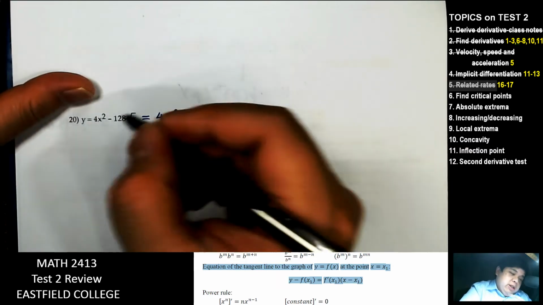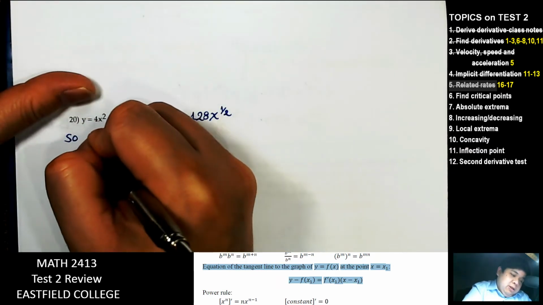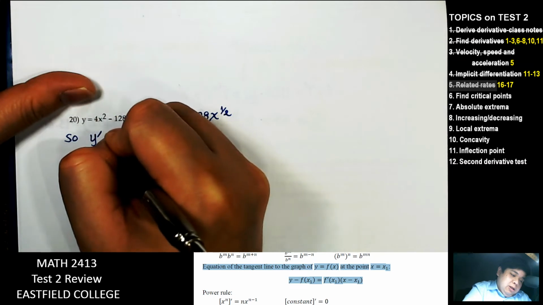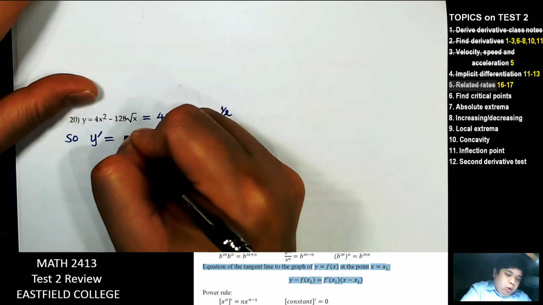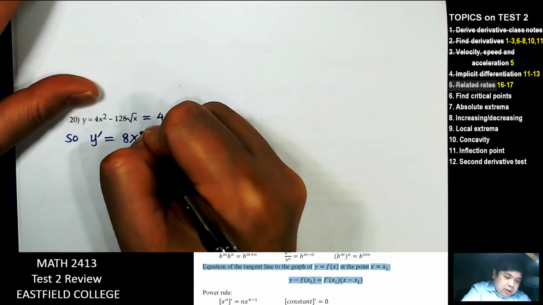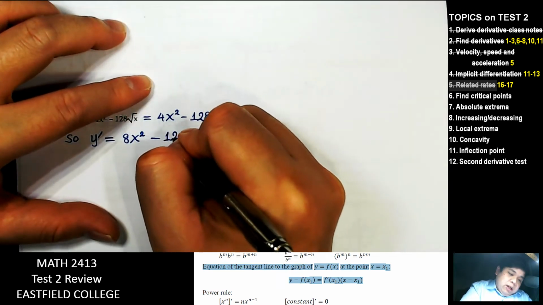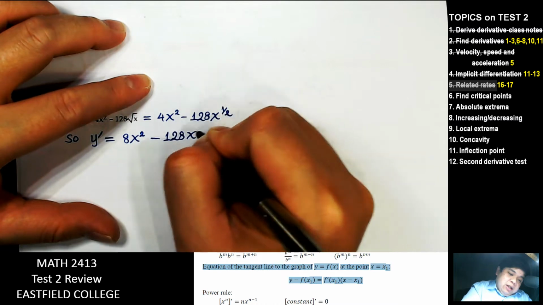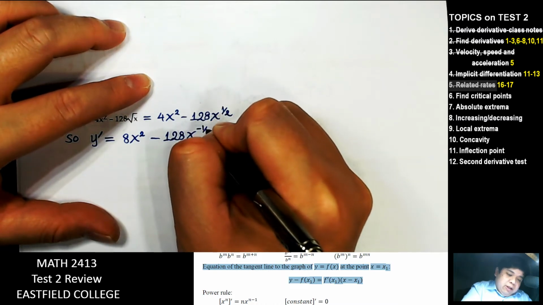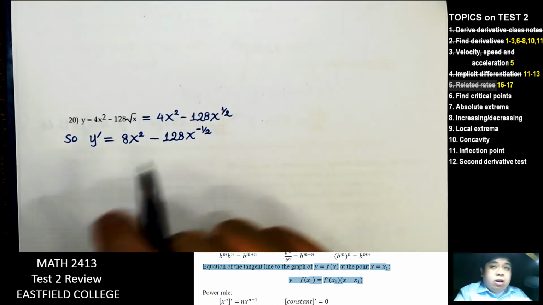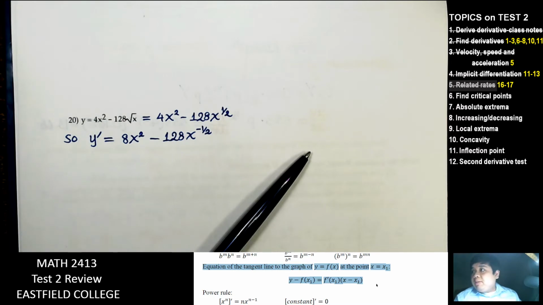Then we take the derivative. It will be ax squared minus 128 x to the negative 1/2. Right, the derivative like that will be just fine.